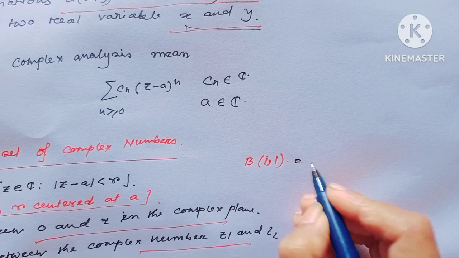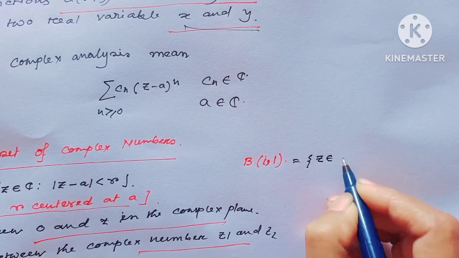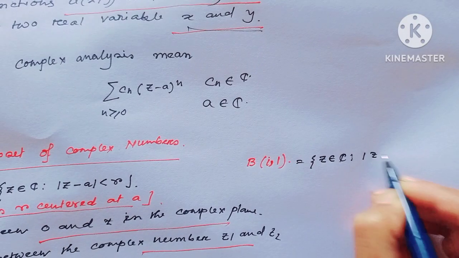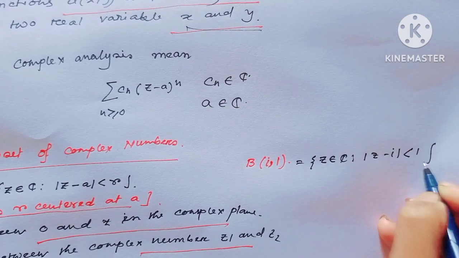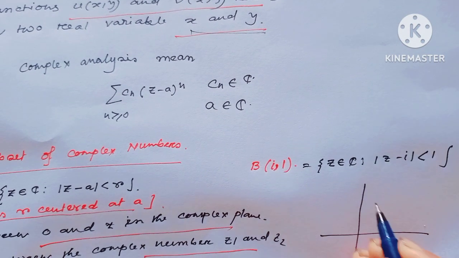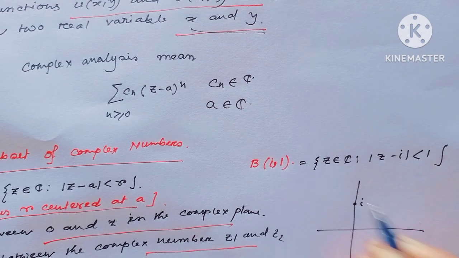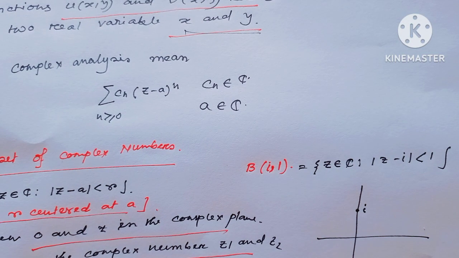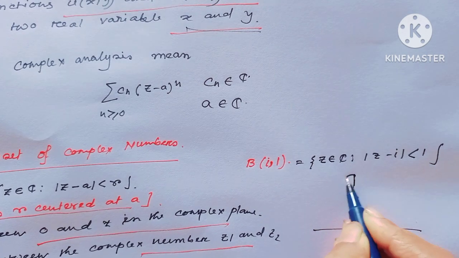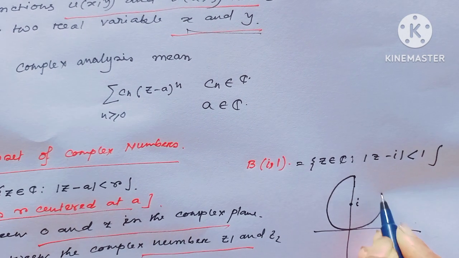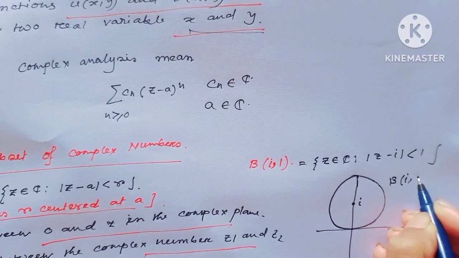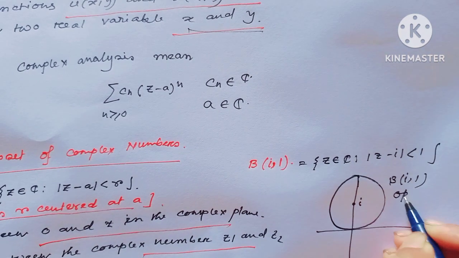This is the set of Z in the complex numbers such that the absolute value of Z minus i is less than 1, and the picture is of this type. Here the point is i, and here is the ball of radius 1. This type of ball is denoted as B(i, 1), and this ball is open.